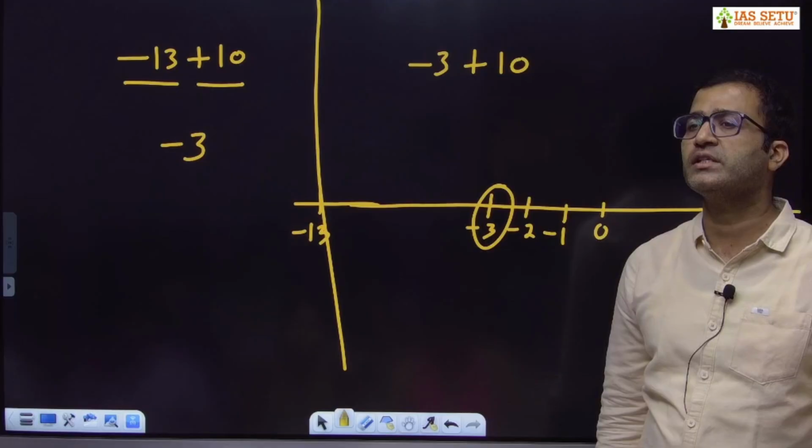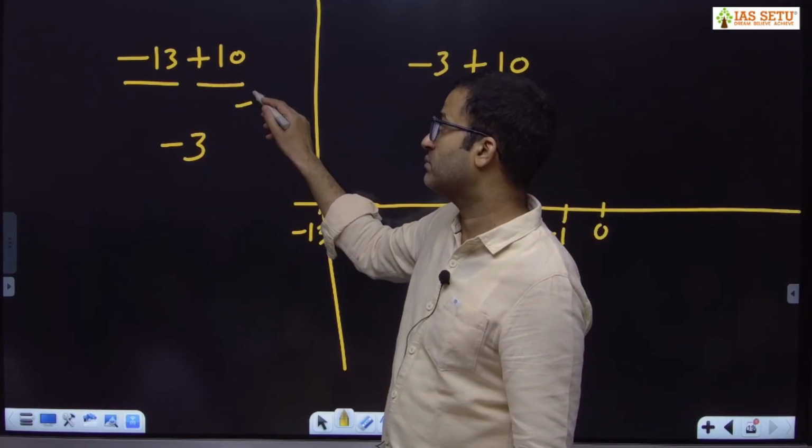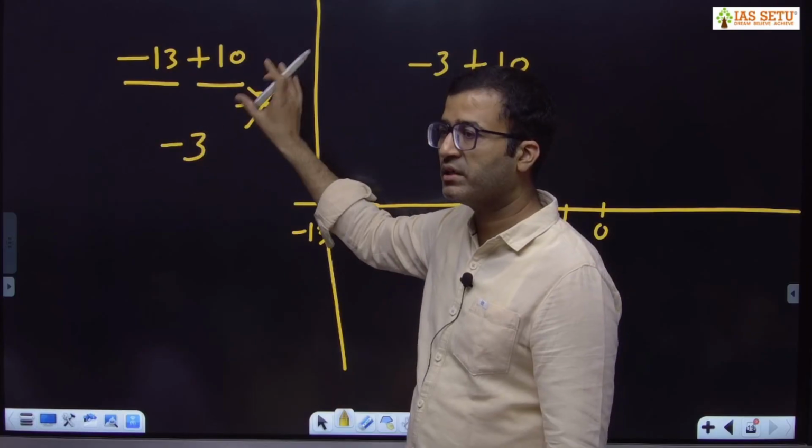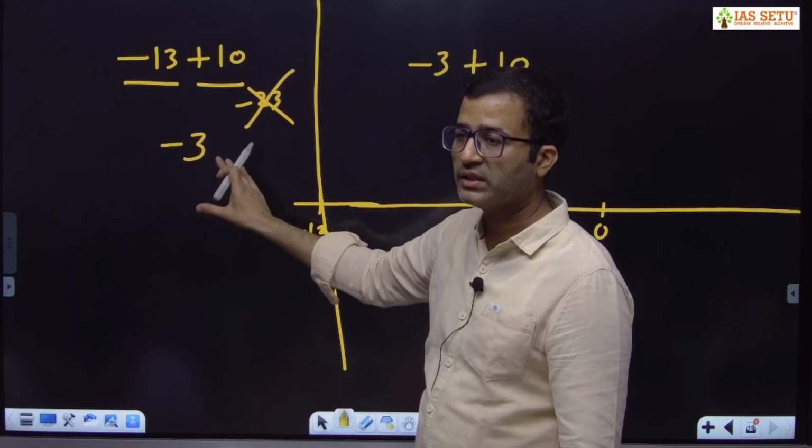Don't write -23. If you write -23, it is wrong. You are adding one negative integer to a positive integer. Net answer is -3.